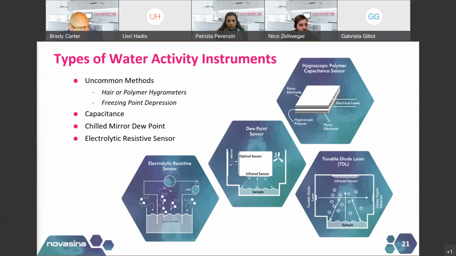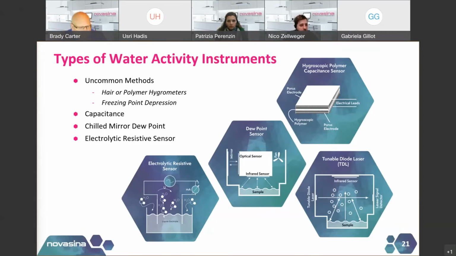So it sits between electrodes, and then as the electrical field is interrupted based on the changes in the water activity, you can then plot that and determine the water activity based on those changes.